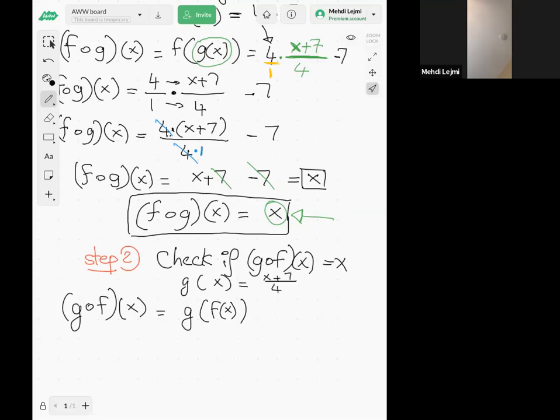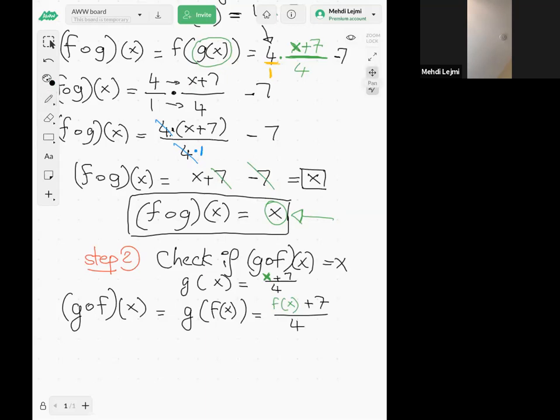There's an x in here, you see this x here? So I have to substitute x with f of x. So it's going to be f of x plus 7 over 4.